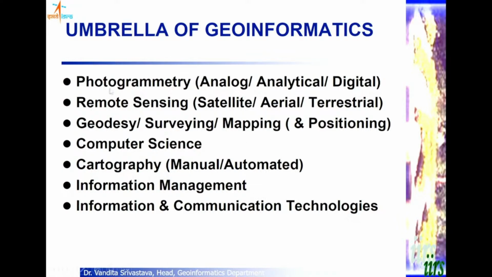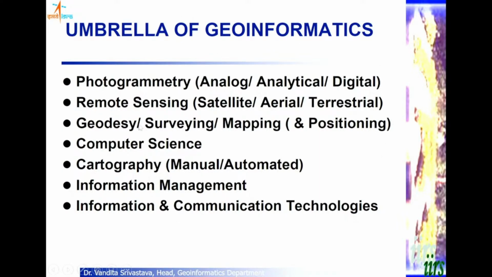It consists of so many sciences like photogrammetry. As I showed you that you can make measurements, you require photogrammetry to make a GIS work. You require remote sensing because that provides major inputs. Then you require geodesy, surveying. So all of these sciences and engineerings and disciplines have made a GIS work.